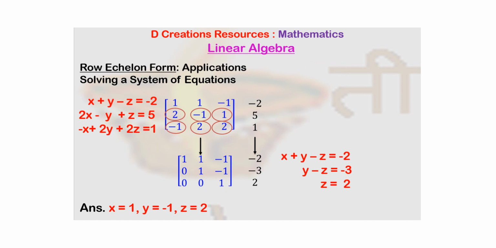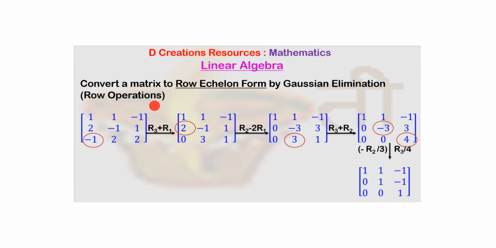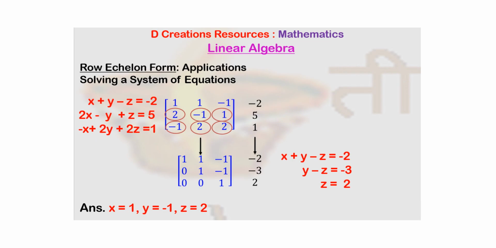See this matrix: 1, 1, minus 1, 2, minus 1, 1, minus 1, 2, 2. Previously, we had obtained the same matrix: 1, 1, minus 1, 2, minus 1, 1, minus 1, 2, 2. Now what we are saying is, we will perform the same row operations on this matrix and reach the row echelon form.